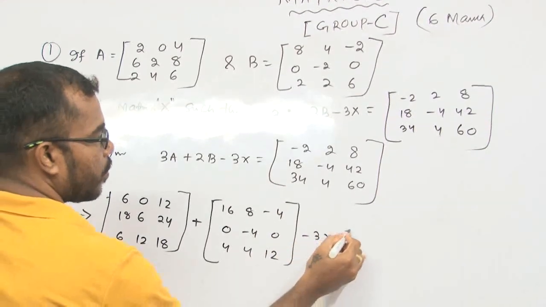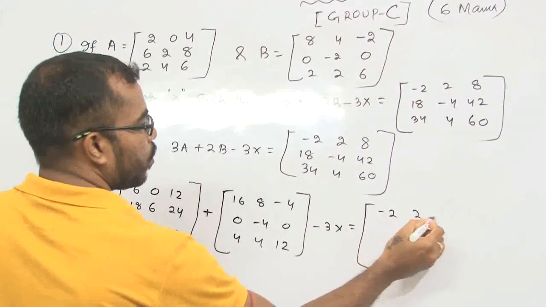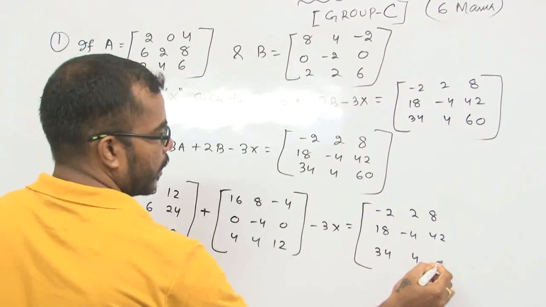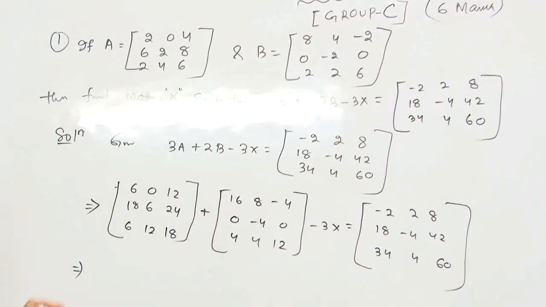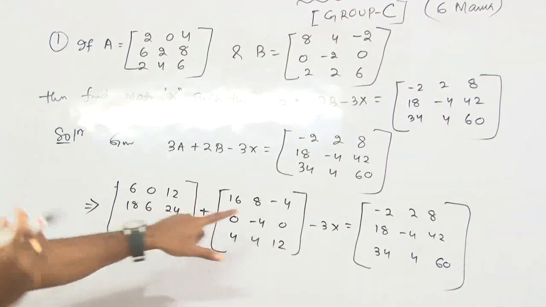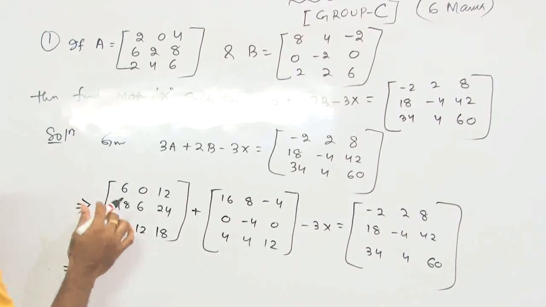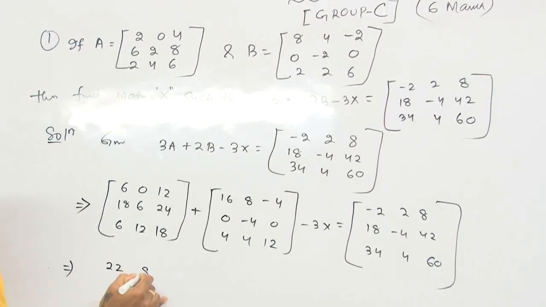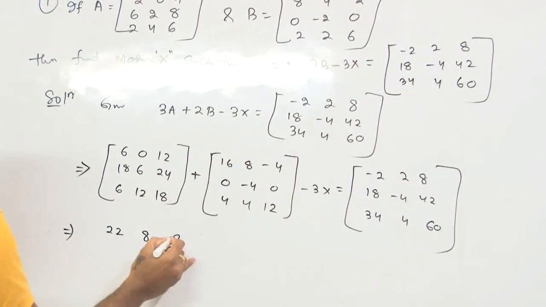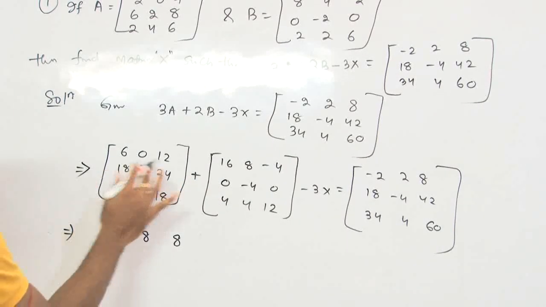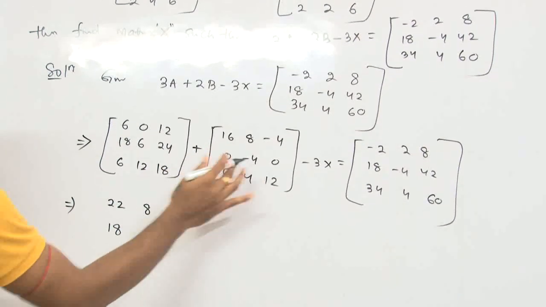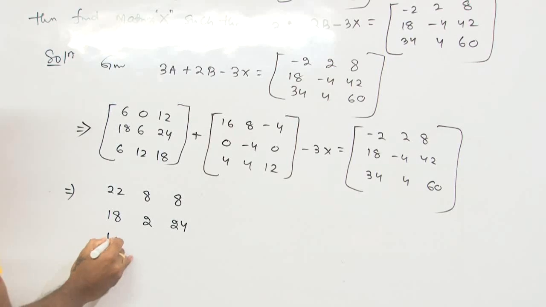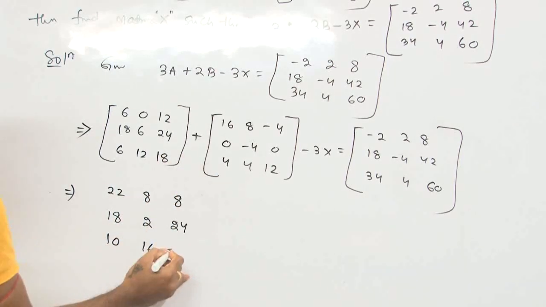Minus 3X is equal to minus 2, 2, 8, 18 minus 4, 42, 34, 4, 60. Now, if we add the first two matrices, we get 16 plus 6, that is 22, 0 plus 8, that is 8, 12 plus minus 4, that is 8, 18 plus 0, that is 18, 6 plus minus 4, that is 2, 24, 6 plus 4, that is 10, 16, and 30.